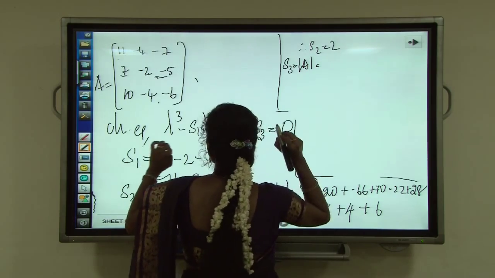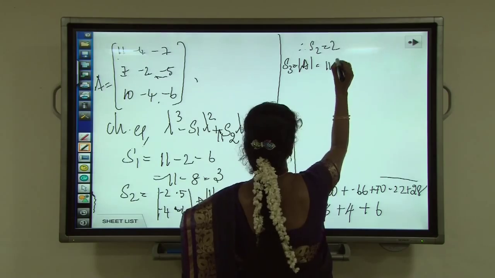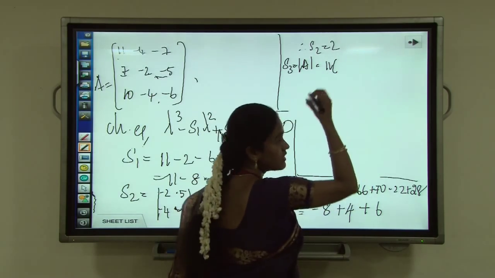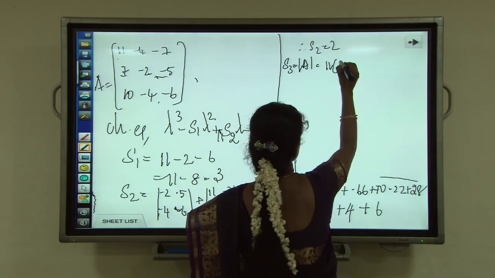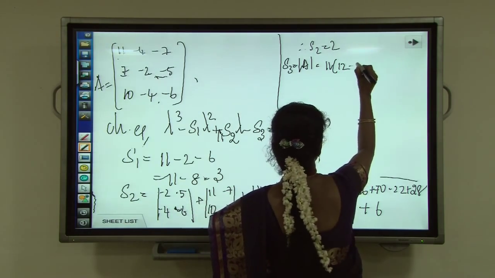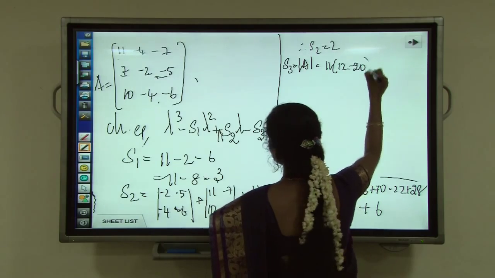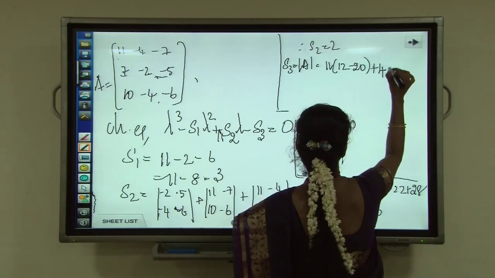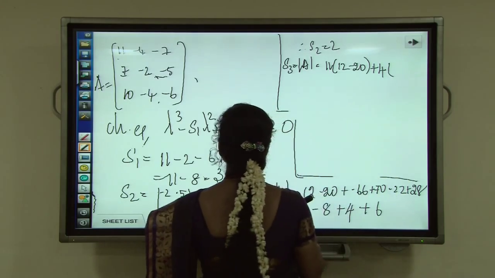Now let us find S3 by finding the determinant of A. It is 11 into minus 2 into minus 6, that is 12, minus 20, minus into minus plus 4. As we find the determinant, we have a negative sign there.